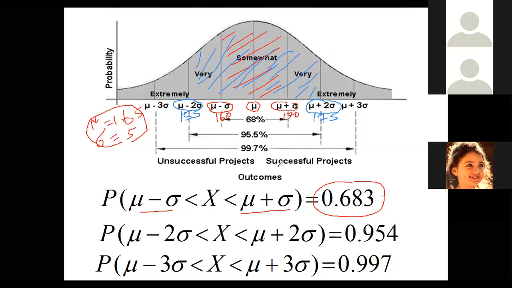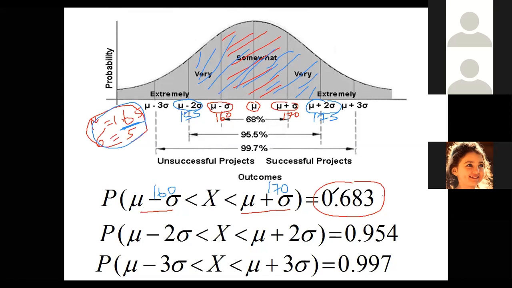This is a height example. We can ask a question: what is the probability, or what is the percentage, of students who have a height between 160 to 170?